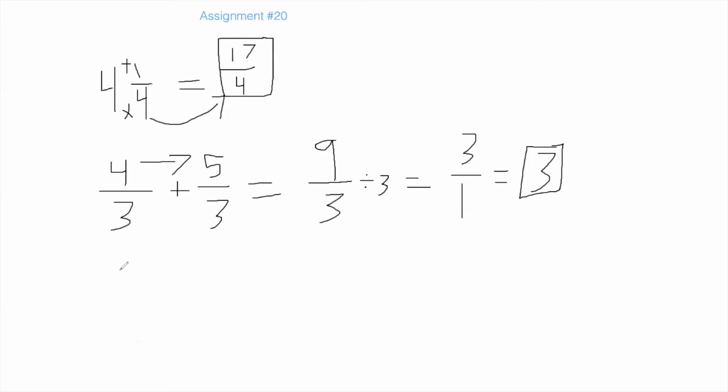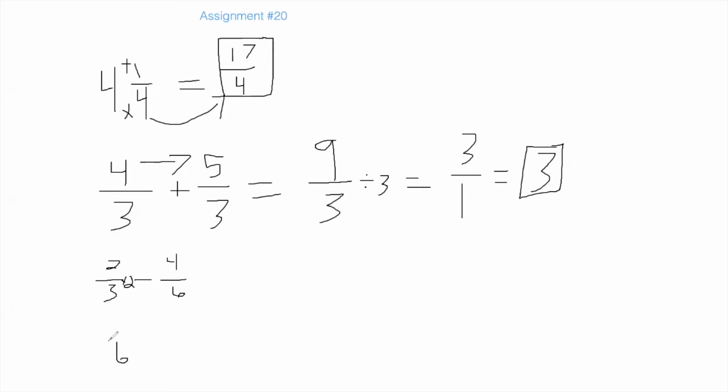So now let's say that we have 2 over 3 minus, let's say 4 over 6. So bottom numbers aren't the same, so we have to make them the same in order to do this. So times 2. So that way we can make that 3 a 6.